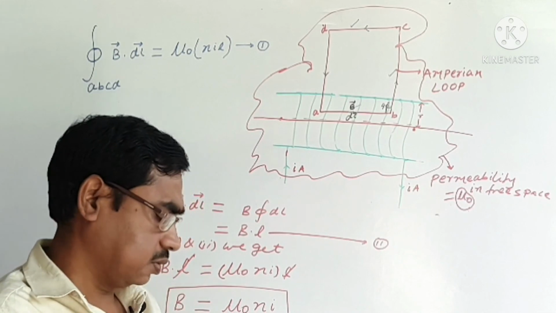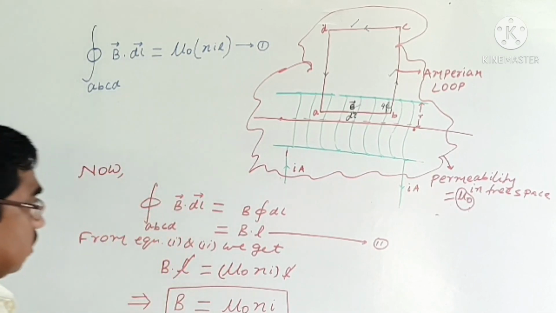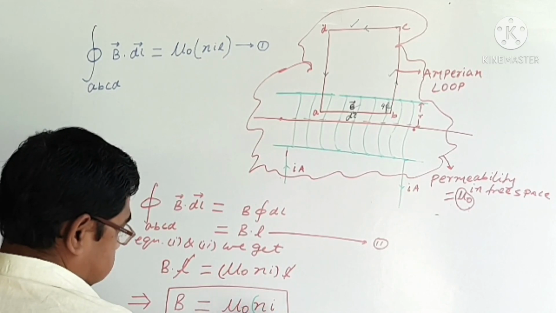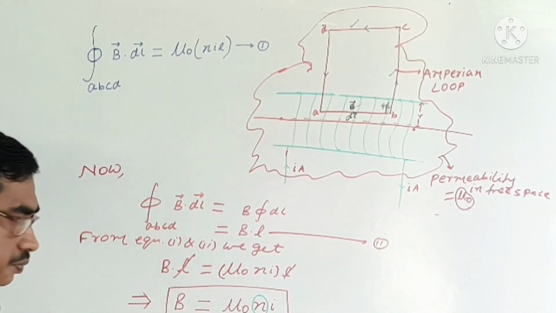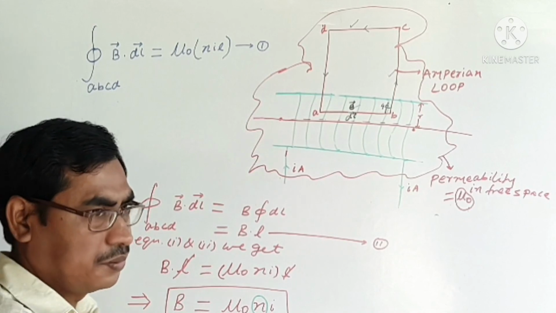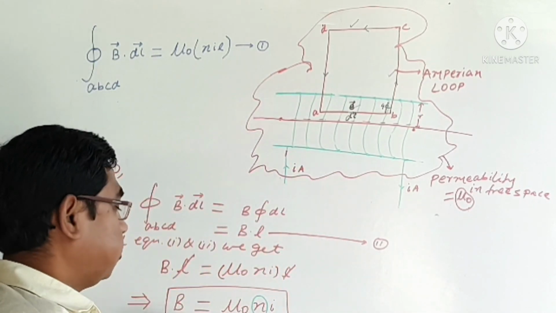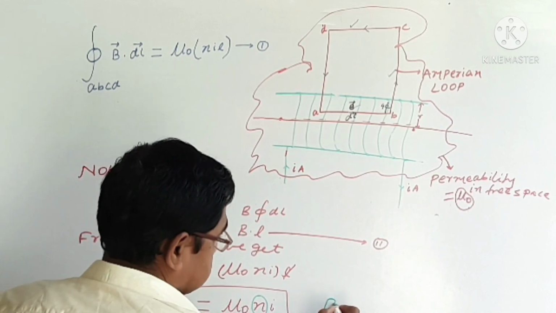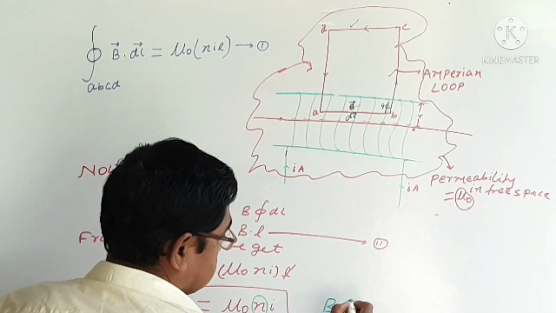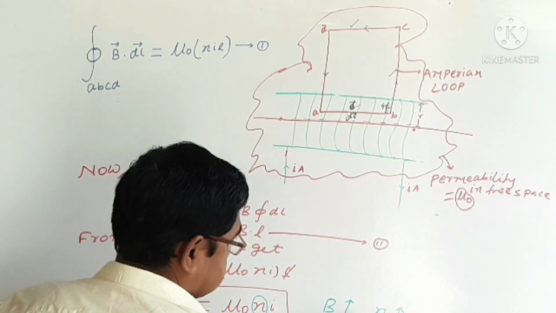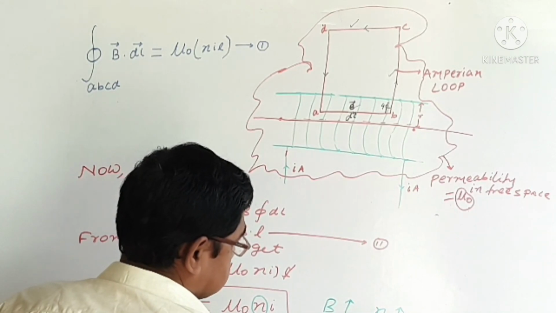What we observe here is that the magnetic field intensity depends on the turn density. If the turn density is maximum, then B should be maximum. B increases if N increases, and B decreases when N decreases.